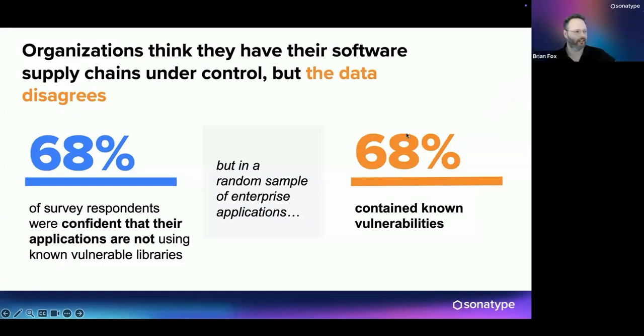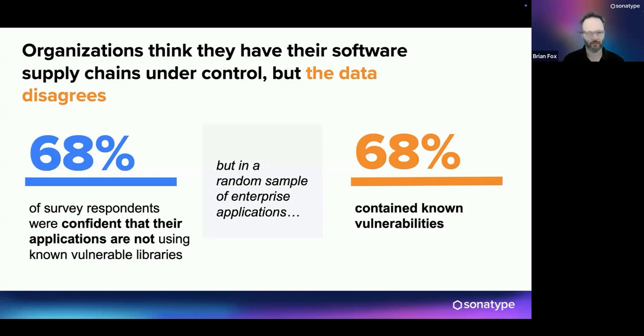Yeah, for sure. I'm going to get to some of those market trends and why I'm able to see what I see. People refer to me as jaded, but I think it's realistic in some of these cases. We also did a survey in our annual State of the Software Supply Chain report and found similar things: when we surveyed management, 68% said they were confident, which more or less mirrors what you saw.